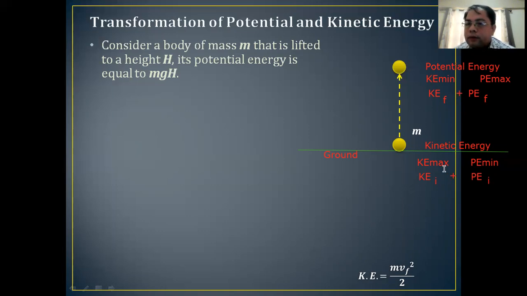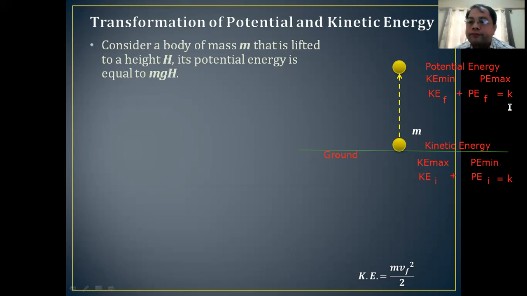It will always be a constant value, anywhere in our location here. So at every level, the kinetic and the potential energy when added together will always be equal to its final and initial state. So the total, if you add this up, will be equal to a constant.